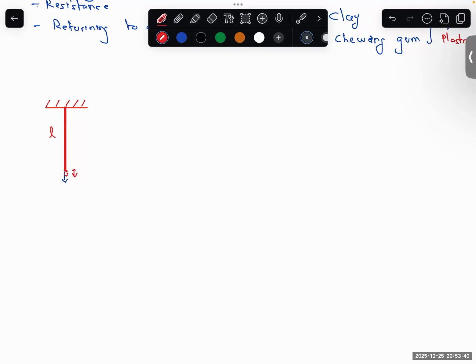Initial length is L. Let's say when I pull it with a force F, it undergoes an extension of E. When it is elastic, there is a law that says F is directly proportional to the extension or compression.